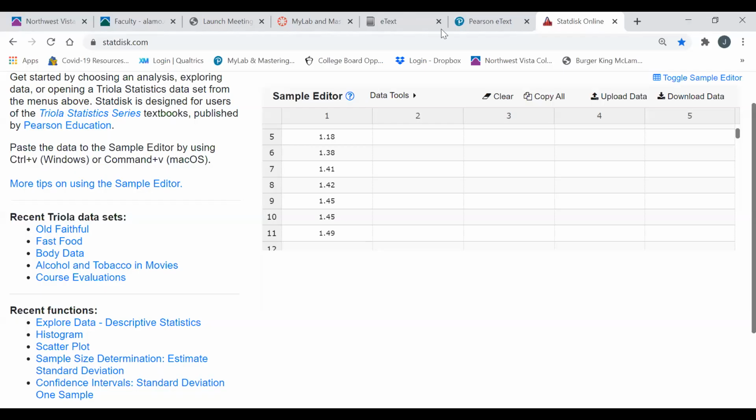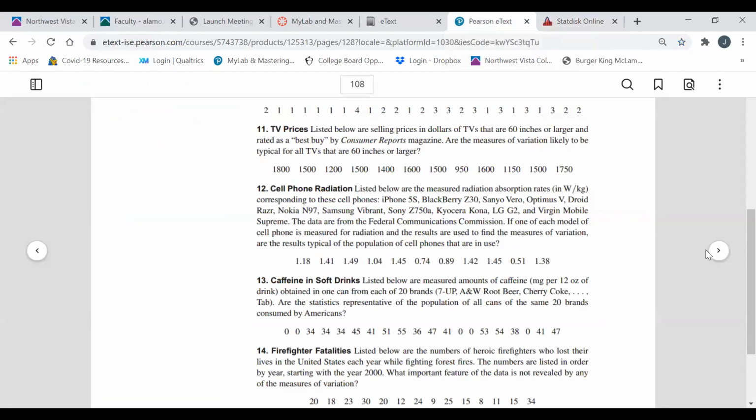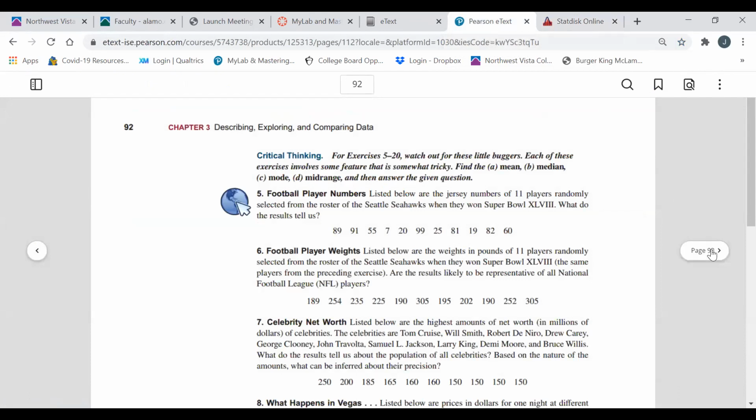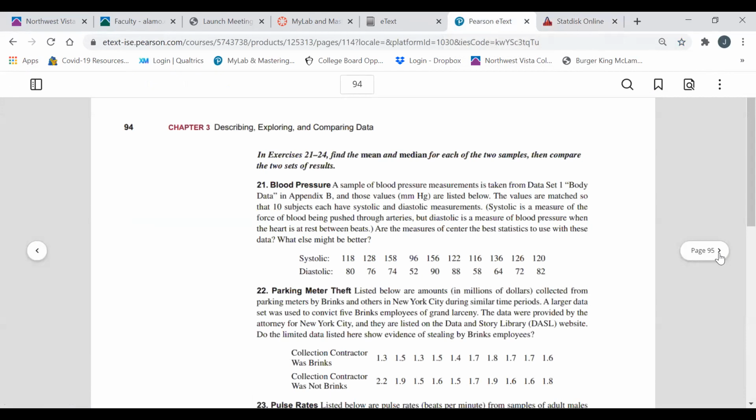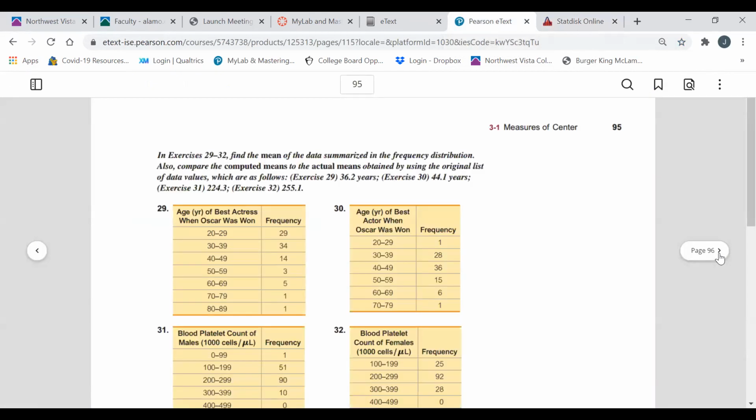This one is on page... let me see. We'll go back to page 92. I think it's problem number 29. Yeah, 29 and 31. You've got to do two of them. Okay, so let's do 29.